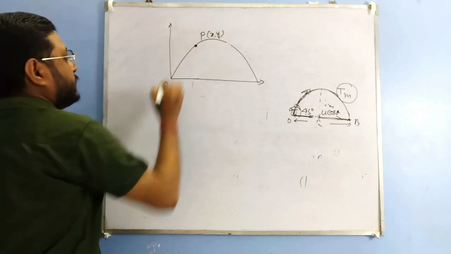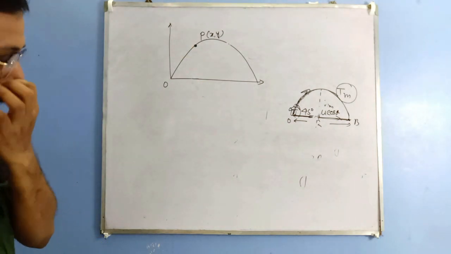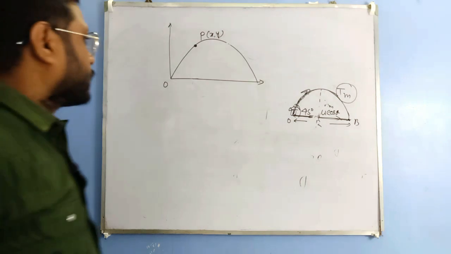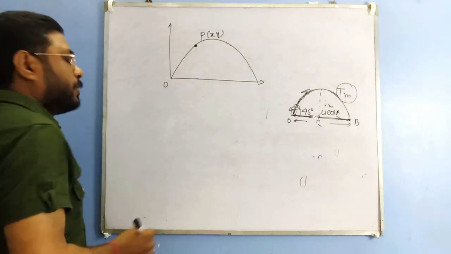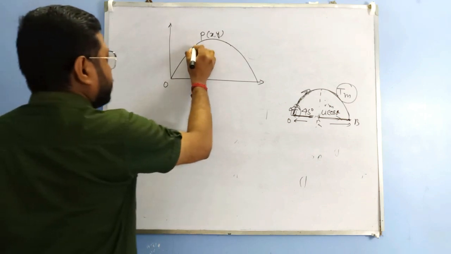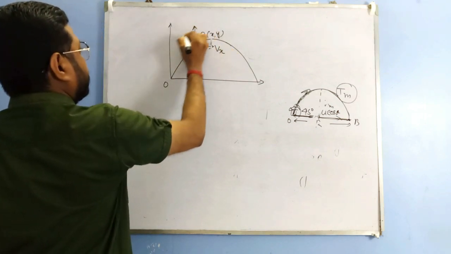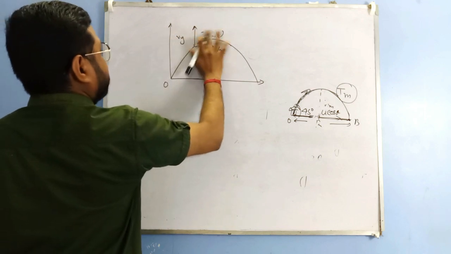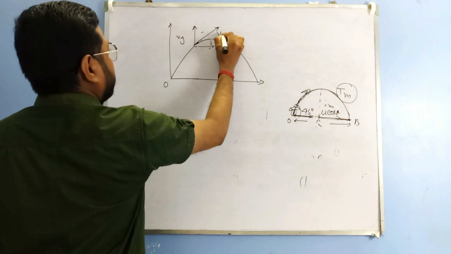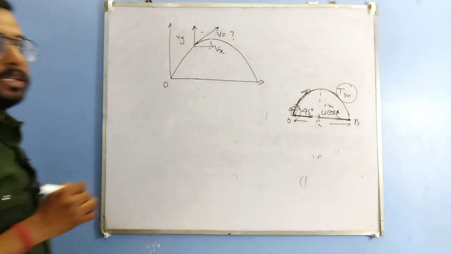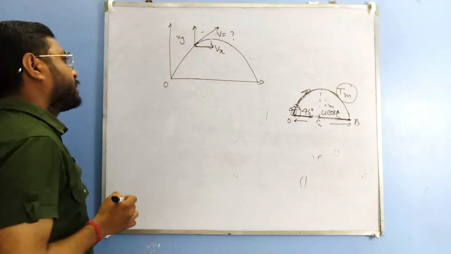Then what is the resultant velocity of the projectile at point P? Here the horizontal component is Vx and vertical component is Vy, but the resultant velocity is along this direction, V. Now what is the value of V?